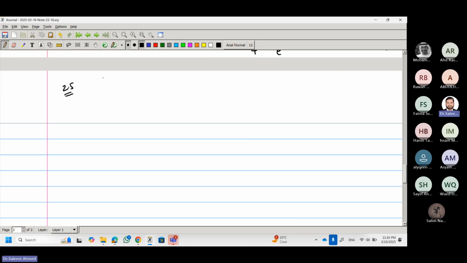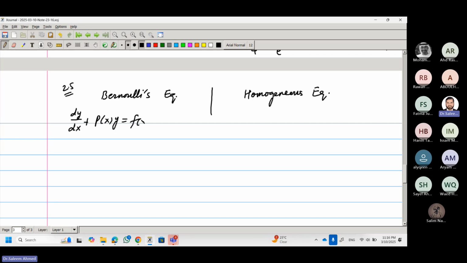In 2.5, we had 2 equations. One is Bernoulli's equation and one is the homogeneous equation. Bernoulli's equation looks like a linear equation: dy by dx plus p(x) y is equal to f(x). Up to this, it is a linear equation.